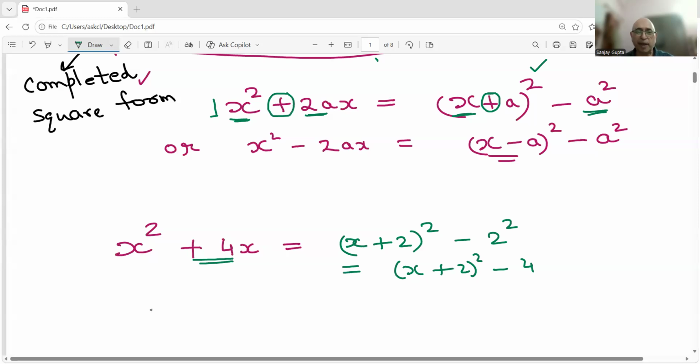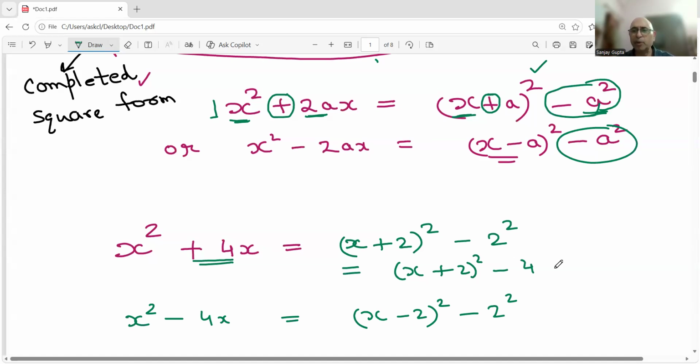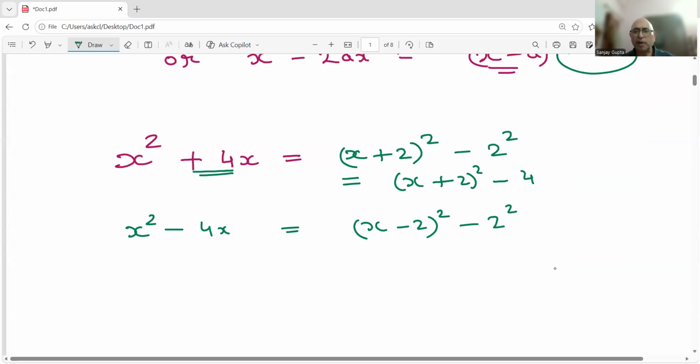And similarly, if we had x square minus 4x, it would have resulted in (x minus 2) whole square, still minus 2 square. This term you can see is minus a square, both ways. This minus a square is there in both of these, so this has to be there subtracted always, not to be added anytime. So we do this. Is it right?